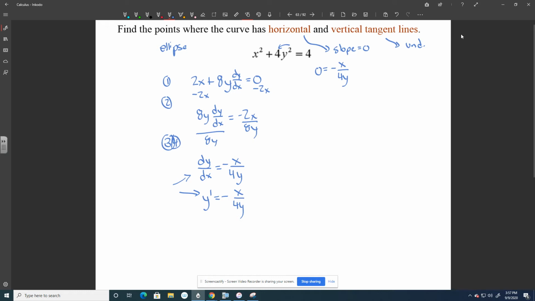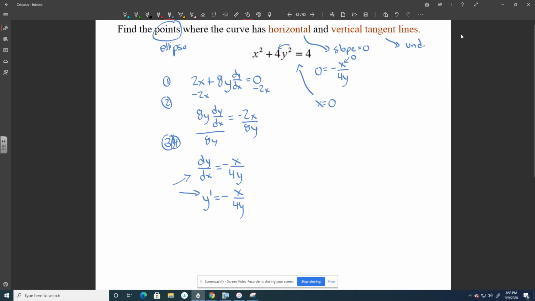So what's going to make this 0 is if my x is equal to 0. That's what makes this fraction 0. So I know that when x is 0, this function is going to have a slope of 0. But I need to know what the point is when that happens, because it wants the points.